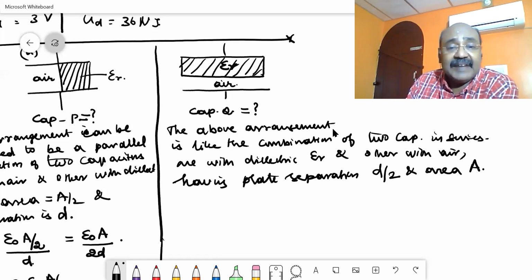Then the effective capacitance is 1 by Cs, which will be equal to 1 by C1 plus 1 by C2.